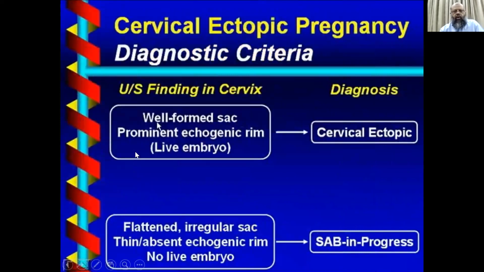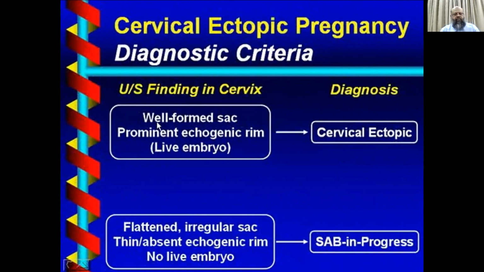The cervical ectopic pregnancy diagnostic criteria will be ultrasound findings in the cervix: a well-formed sac, prominent echogenic rim, and live embryo. So if we get it in the cervix, it is cervical ectopic.